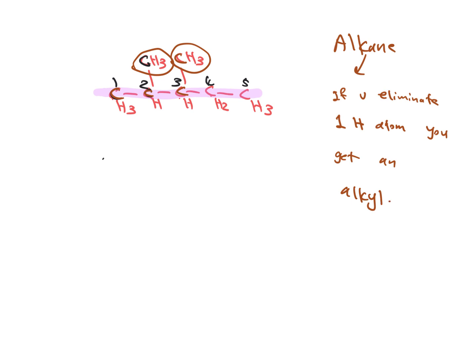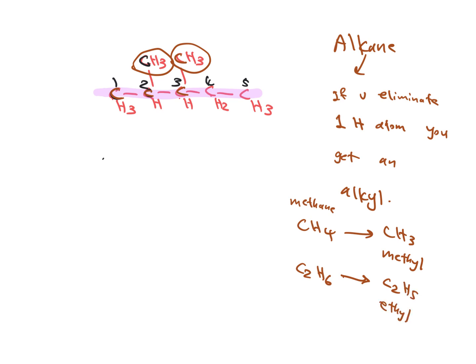For instance, if you have methane, which is an alkane, and then you eliminate 1 hydrogen, you get CH3, that is methyl. Or like ethane, if you eliminate 1 hydrogen, would be C2H5, this is ethyl. Or like propyl, butyl. Okay, so first you find the main chain, and then you find the substituents.